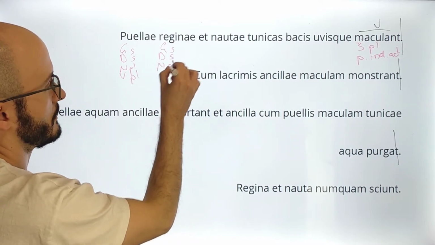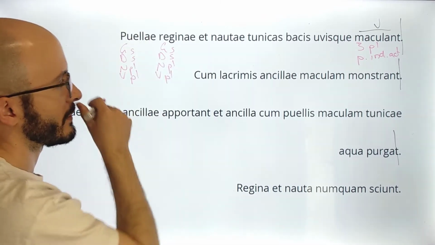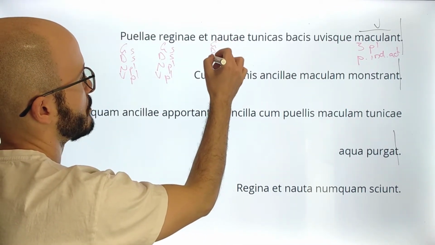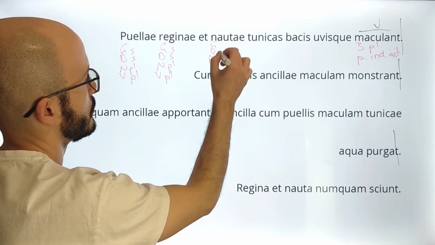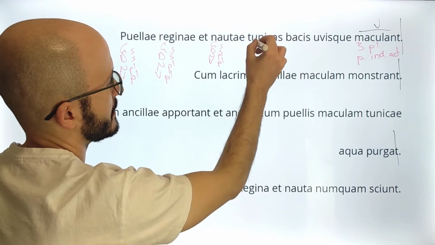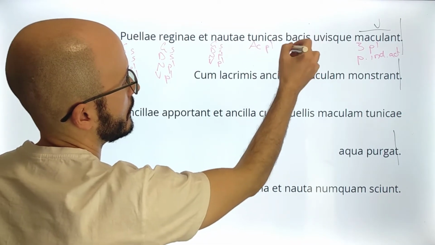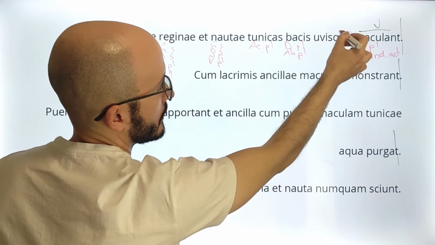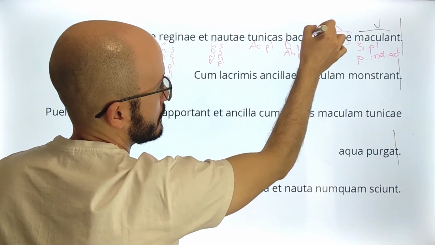We go super quick because we have been doing this already for some time, no? Nautae, again, smaller because otherwise everything won't fit. As. Dative, ablative, plural. Now, this que, we already know it.